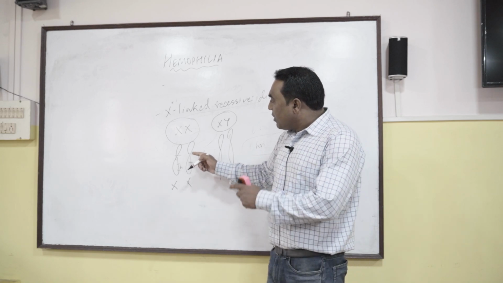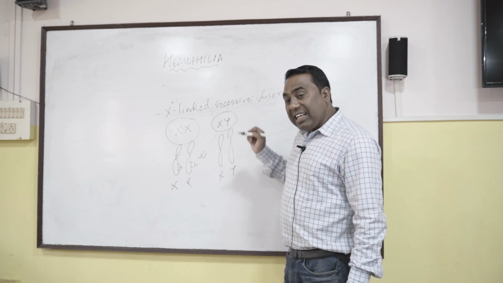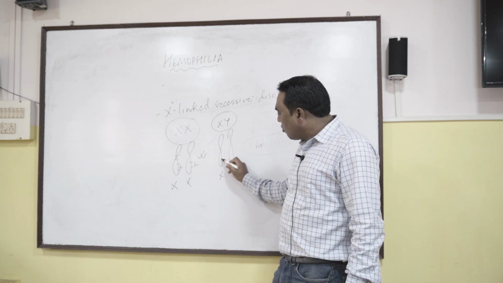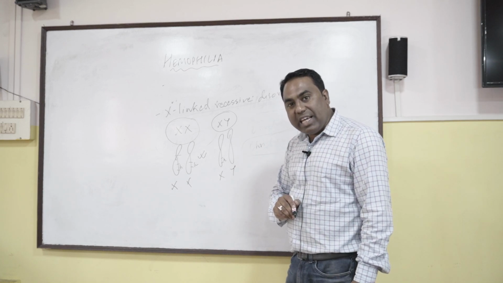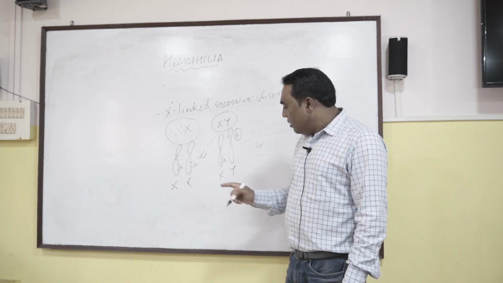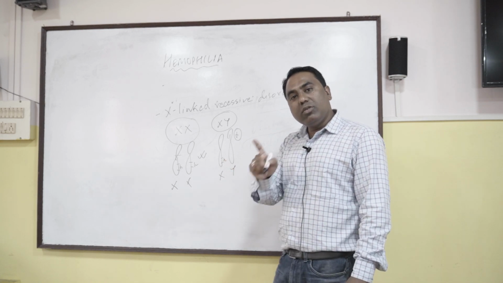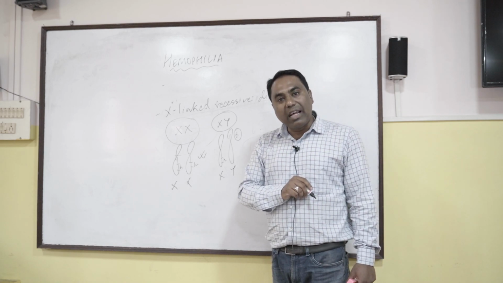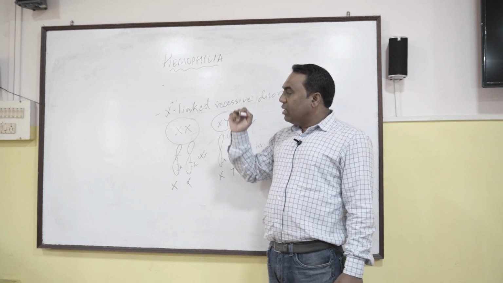If a male has one X chromosome and in it small h, the recessive gene, the Y chromosome has nothing to do with that gene. So, from this X chromosome, the recessive form of the gene is not going to produce factor 8 or factor 9. So, obviously males are more affected by hemophilia.